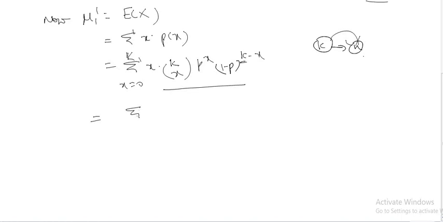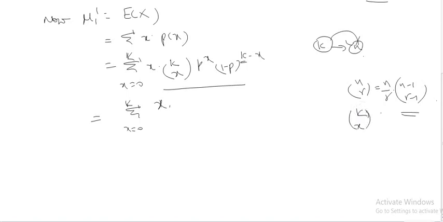Anyway, I am doing it once again here. Summation x equals 0 to k, x into nCr, which equals n by r into (n minus 1)C(r minus 1). Here, in place of r we have x, and in place of n we have k.